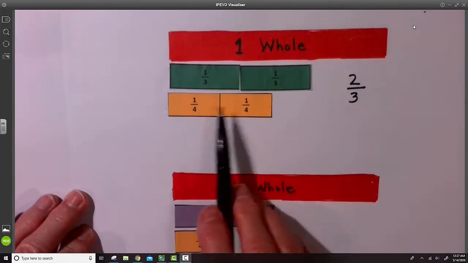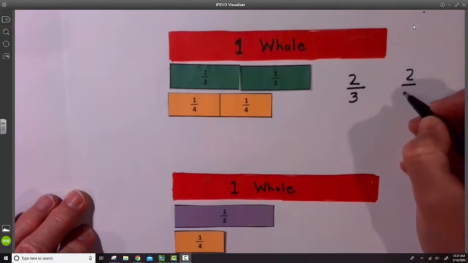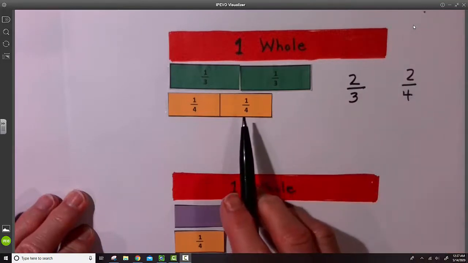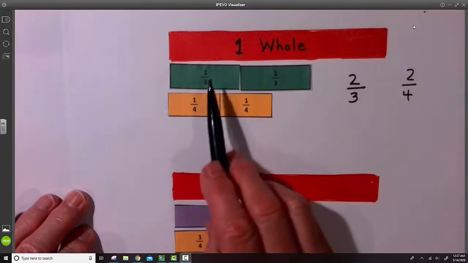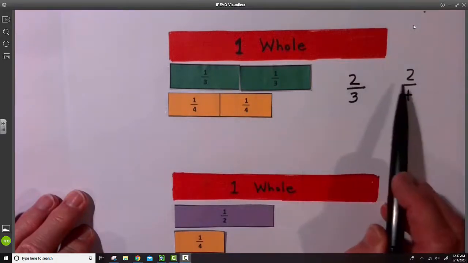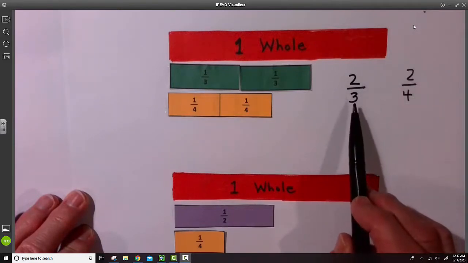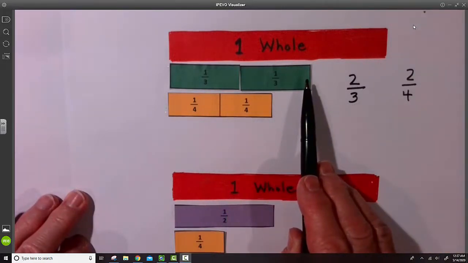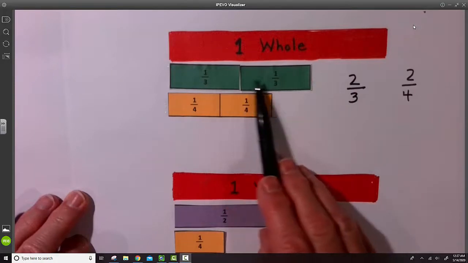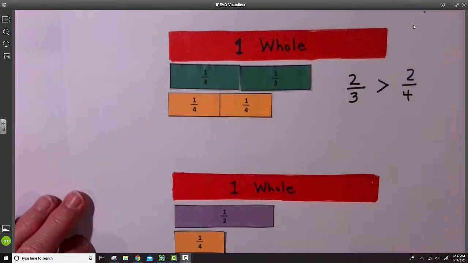Below it, we have 2/4. When the numerators are the same, like we see here with 2 and 2 in the numerator position, and the denominator is a smaller number, the parts make up a greater portion of the line. So 2/3 is actually greater than 2/4.